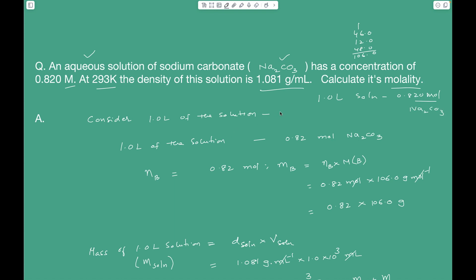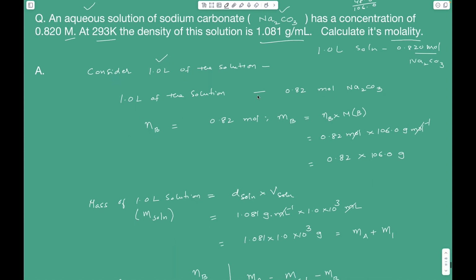So for our calculations, it would be convenient if you consider 1 liter of the solution. So we are doing these calculations on 1 liter of the solution. 1 liter of the solution has so many moles of sodium carbonate. So n_B, that is the amount of substance of solute, is so much.